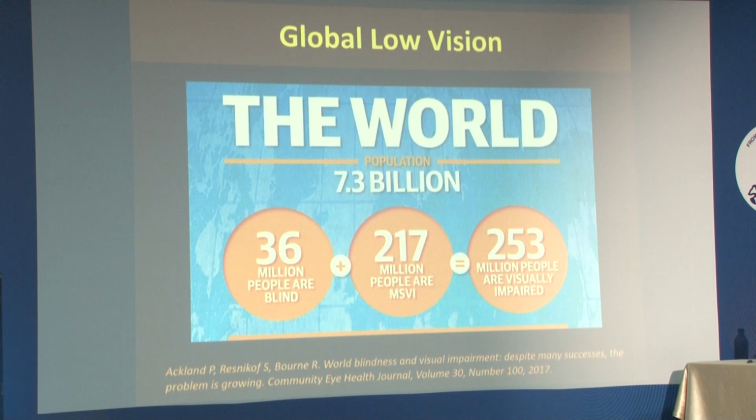So recent studies, now I come to the epidemiology part, some data I am going to share with you. A recent study by WHO has demonstrated that 253 million people are visually impaired, out of which 217 million people are moderate to severe visually impaired, and these are people who require low vision devices.